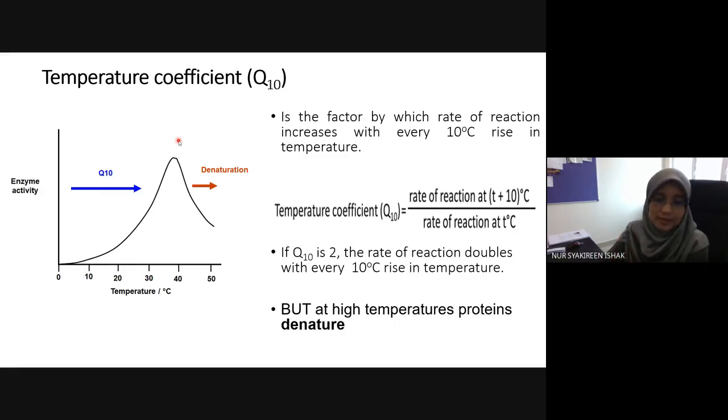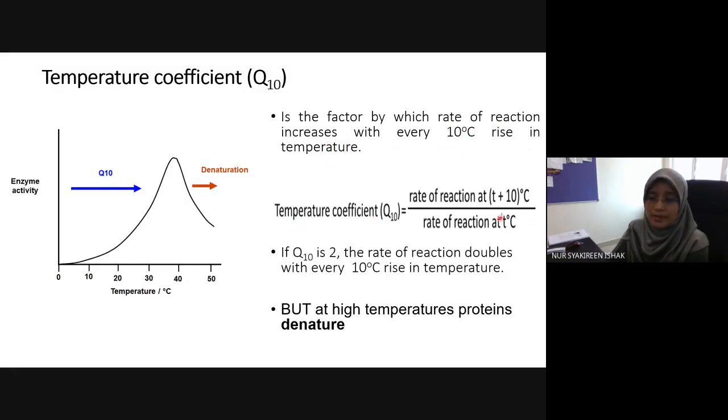As you keep on increasing the temperature, the rate of reaction will increase. Q10 tells you whether the rate doubles or triples. But if you go beyond the optimum temperature, it causes denaturation.